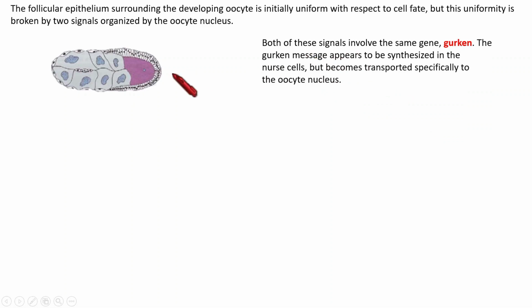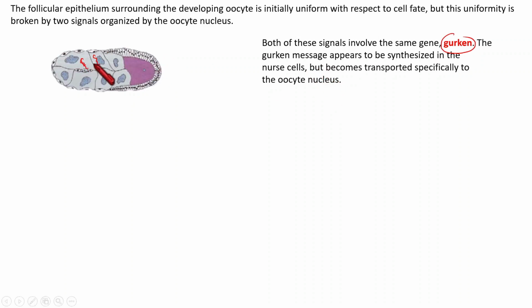Both these signals, as I already told you, come from the oocyte, and both are produced by the same gene. What is the name of that gene? It's very interesting to hear the name. The name is Gurken. From the Gurken gene, mRNA is formed, and that mRNA is actually synthesized in the nurse cells.